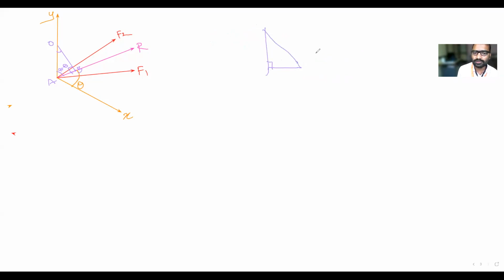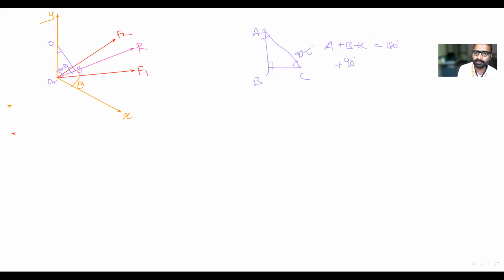This is 90 degrees. I will take angles A, B, C. So what is A plus B plus C? Equal to 180. B is 90, and C is 90 minus theta.